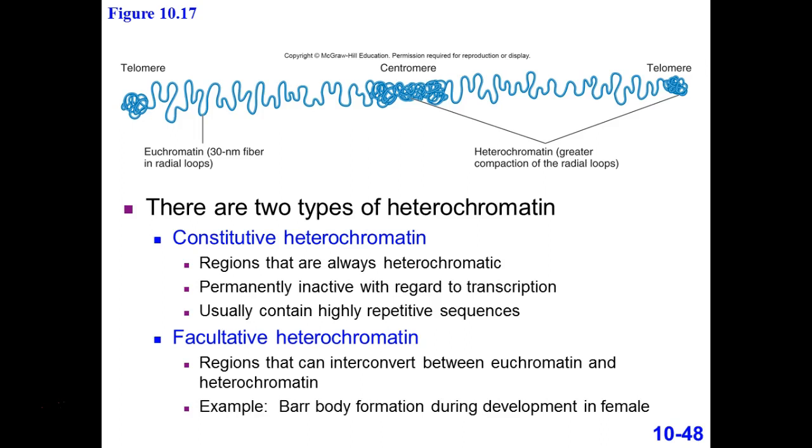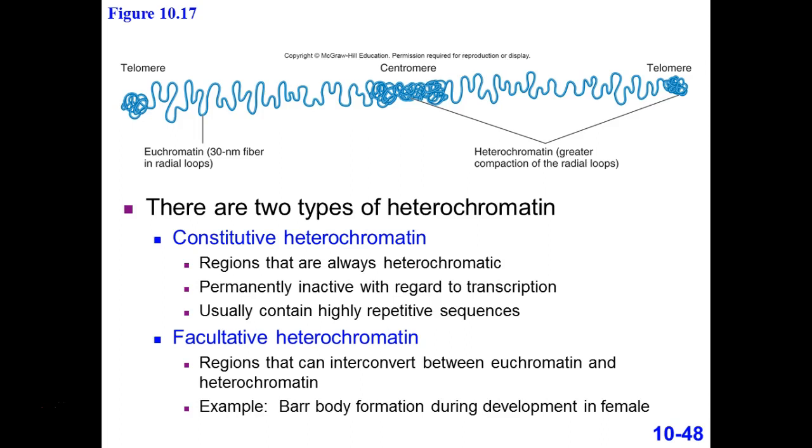But for us, as far as the Barr body goes, just because it's compacted in a somatic cell doesn't mean that it's always going to stay compacted. As our cells divide, at some point in embryonic development, it's chosen for those cells which X is going to be compacted. But it's not a permanent thing.